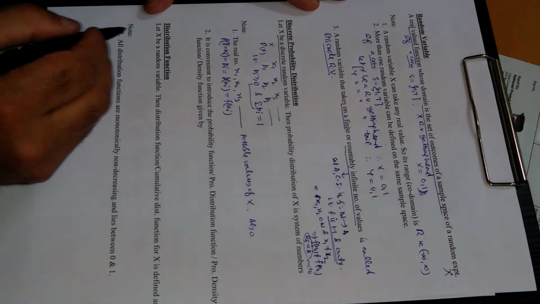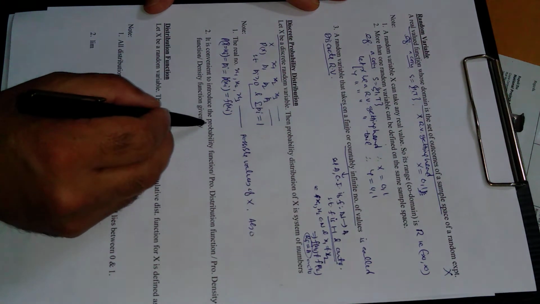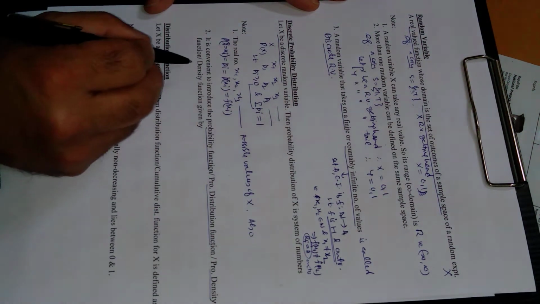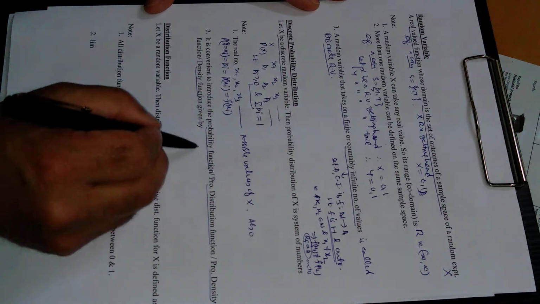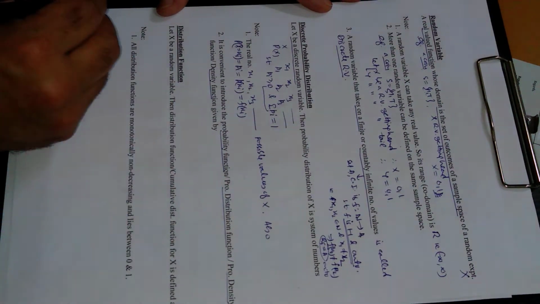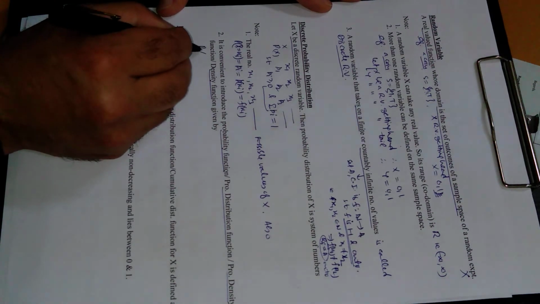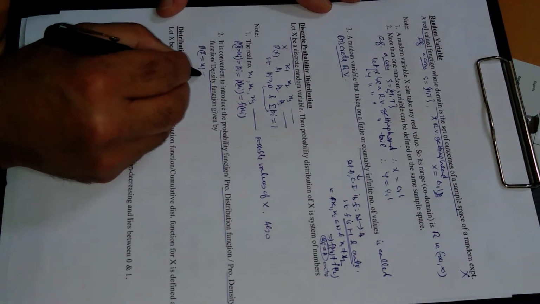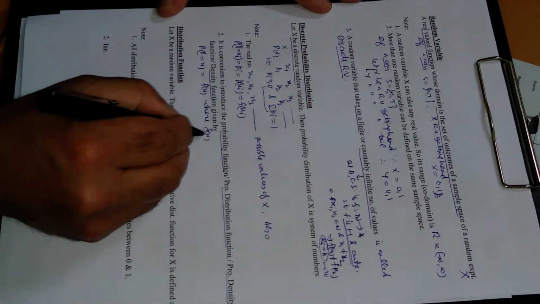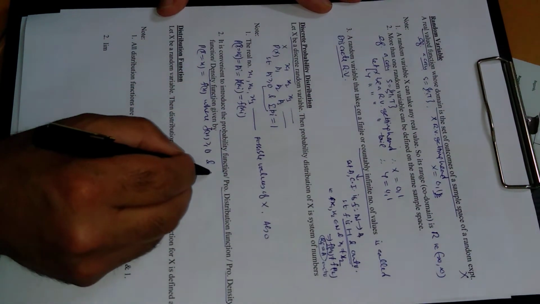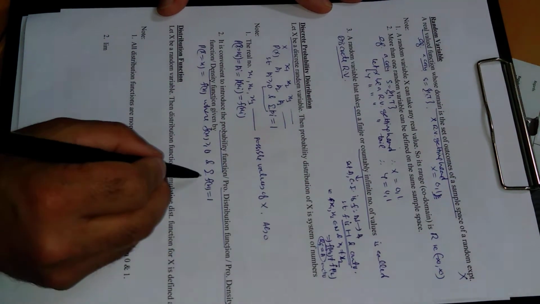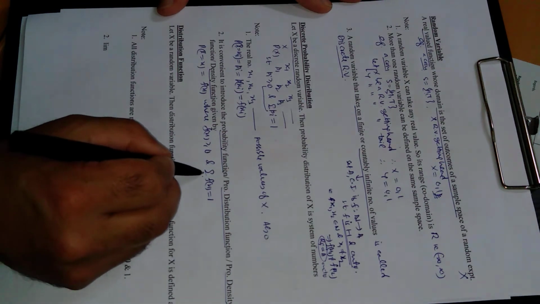Note number 2: it is convenient to introduce a probability function, probability distribution function, probability density function, or simply density function. All of these are similar notations. The exact notation is given by P of X equal to small x is equal to f of x, where f of x is greater than or equal to 0 and the sum of all f of x is equal to 1, where the summation is taken over possible values of x.